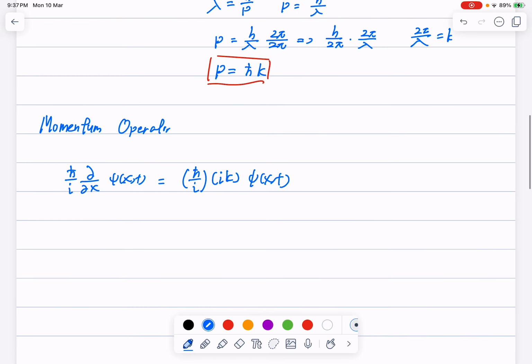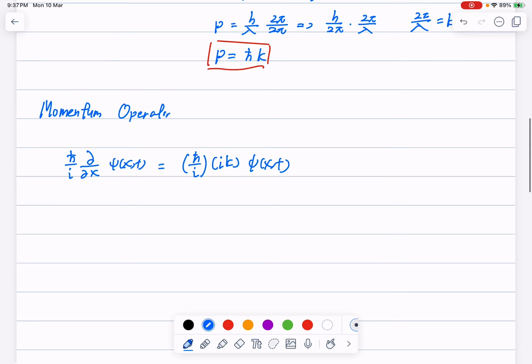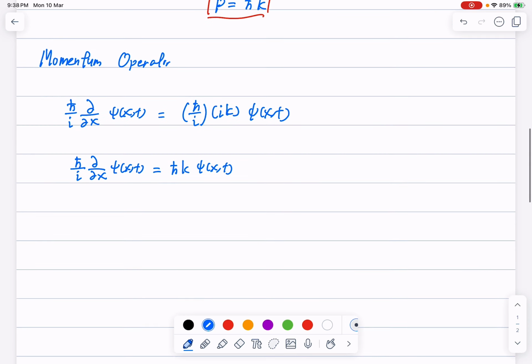The reason why we have this constant up in front, h bar over i, is because it cancels out, as you can see. And what will we end up with here? This equals h bar k psi of x and t. And you may realize that this is literally just p psi of x and t.